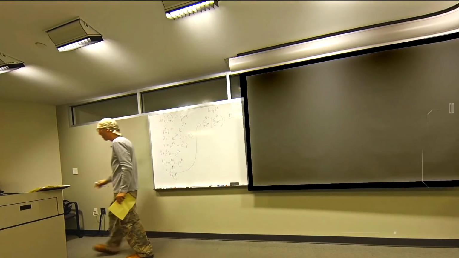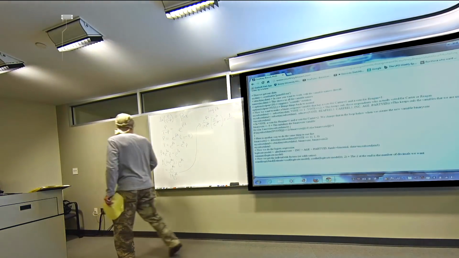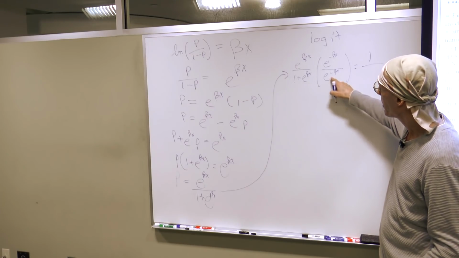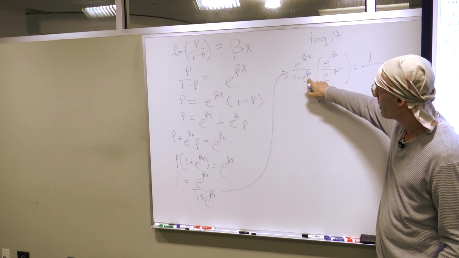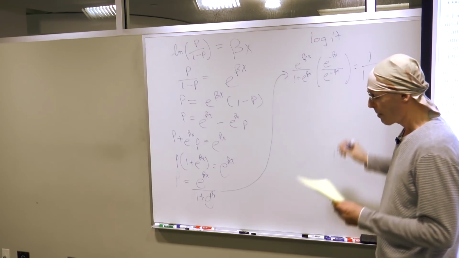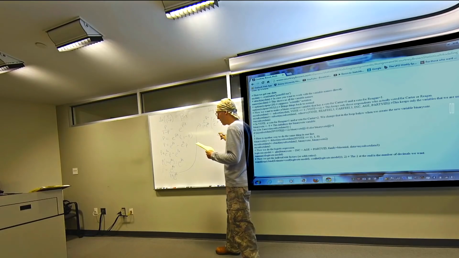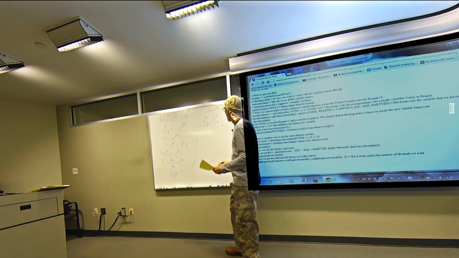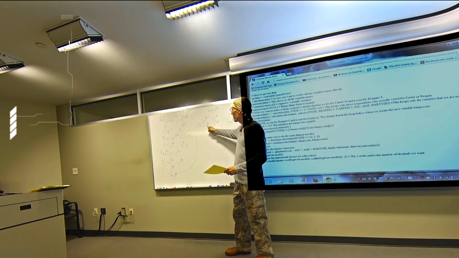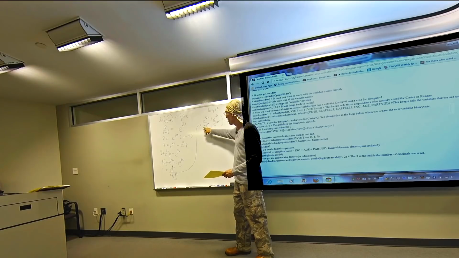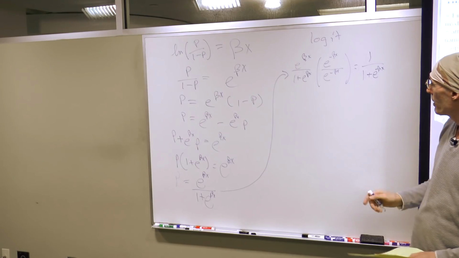And for the denominator, this will multiply through, and when the e to the negative beta x hits the e to the beta x, you'll get the number 1. Okay? And then you'll get plus e to the negative beta x. So e to the negative beta x times e to the beta x will give you this 1, and otherwise when you multiply this times that 1, you'll get that e to the negative beta x.